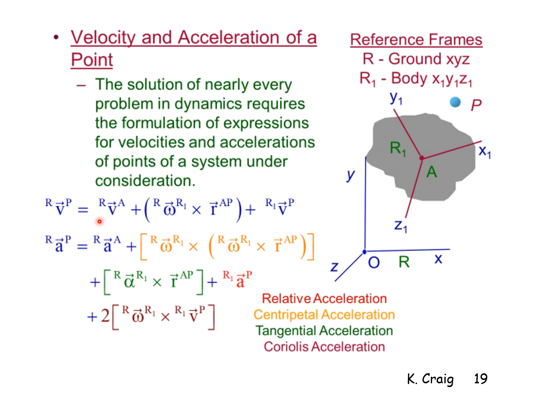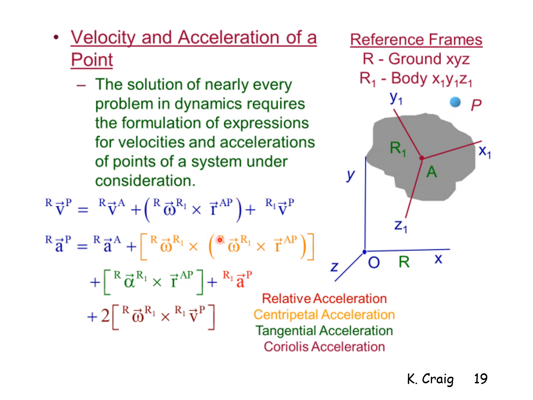So what these equations say are, in the first equation, the velocity of P with respect to the grounded reference frame is equal to the velocity of a point A on the moving reference frame with respect to the grounded reference frame, plus the velocity of P with respect to the moving reference frame as if P were fixed in the moving reference frame, plus the velocity of P with respect to the moving reference frame.